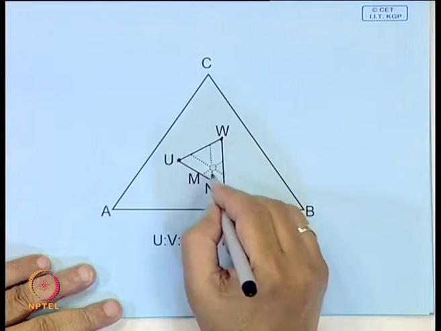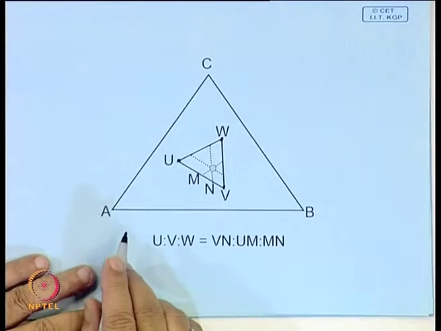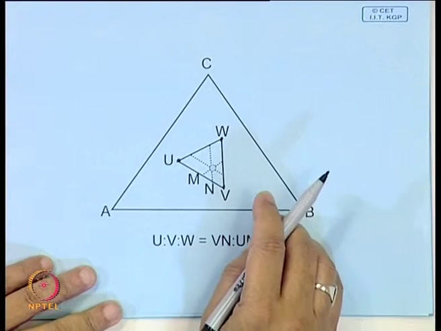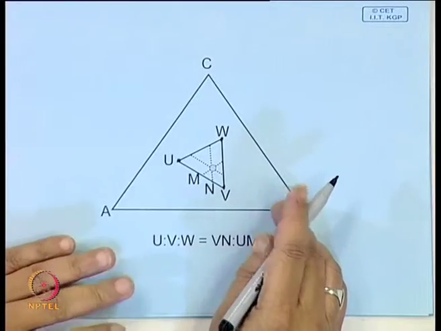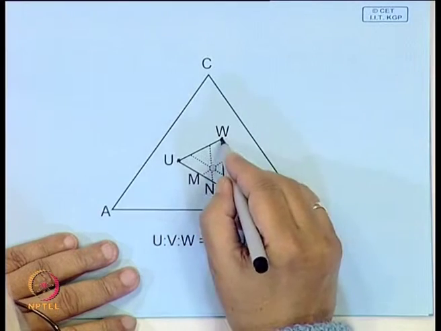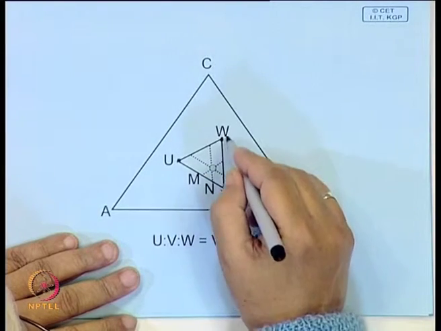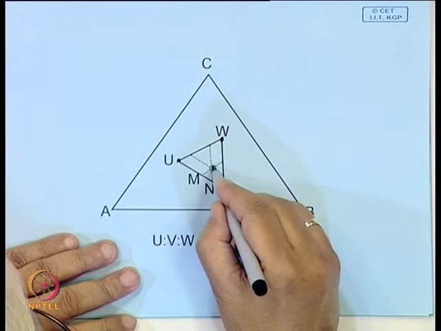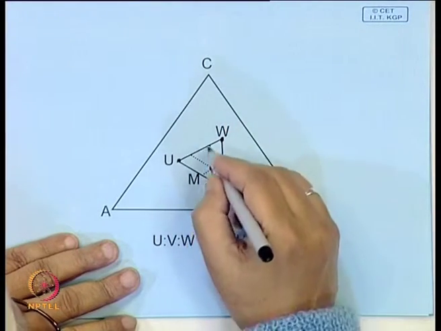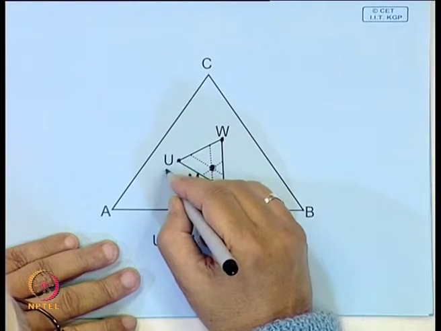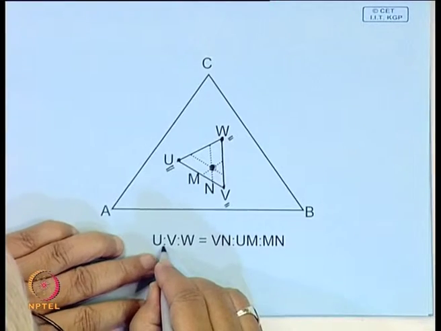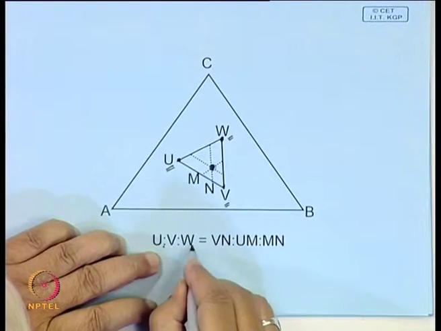How do you do it? Here also the principle is exactly similar to the composition triangle concept that we have seen, which is shown over here. Suppose these are U, V, W, and you have an alloy of this composition. What will be the percentage of the phases U, V, W? They will be present in this ratio.